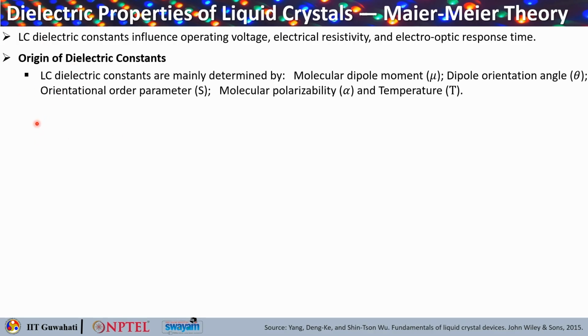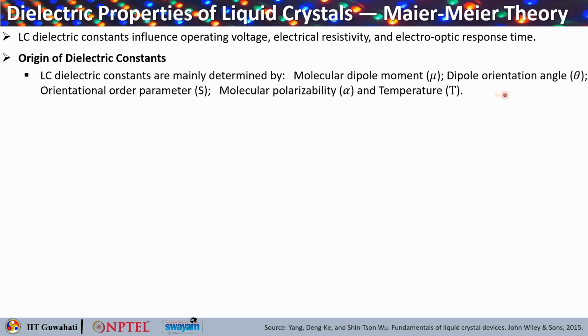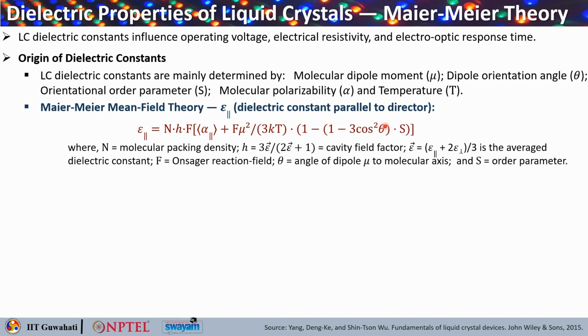So, once again, what is the origin of these dielectric constants? They are mainly determined by the molecular dipole moment mu, dipole orientation angle theta, orientational order parameter S, molecular polarizability alpha and finally the temperature.